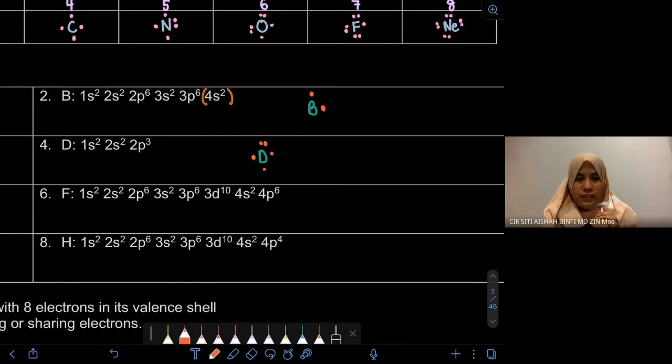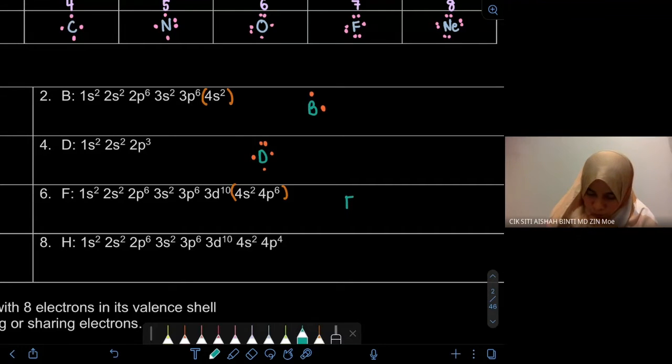Okay, so kita tengok. Contohnya dekat sini, the valence shell is actually here, 4s2, 4p6. The last electron that is being filled is actually our p orbital, so this is actually our p block lah. Okay, so dekat sini kita punya example here.